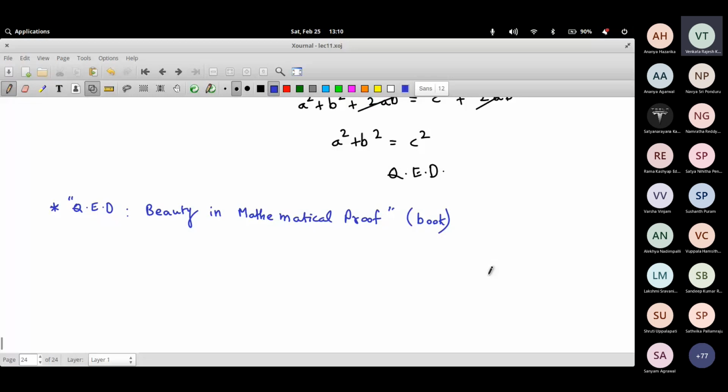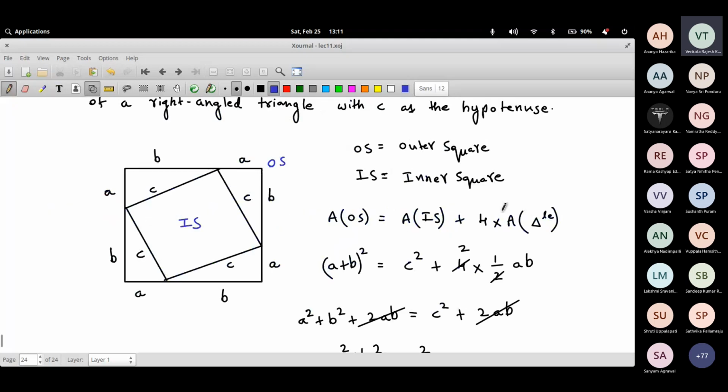It shows that mathematical proofs are beautiful. Okay, and it shows many such constructions. And as you can notice, it's not evident or automatic to come up with such a construction. All right, a lot of ingenuity and a lot of creativity is involved in thinking of such a construction.